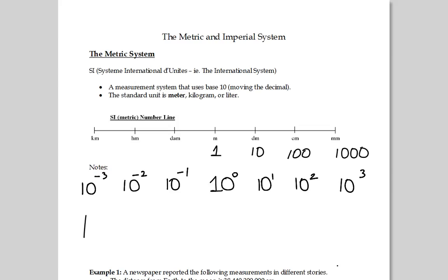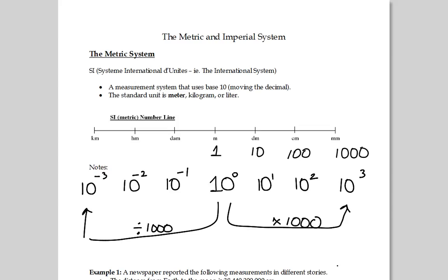That means if I wanted to go from meter to kilometer, what would I have to do? Times 1,000 or divide 1,000? Divide 1,000. If I wanted to go this way, I would times 1,000.